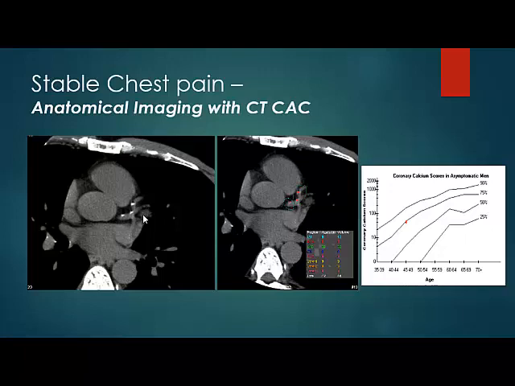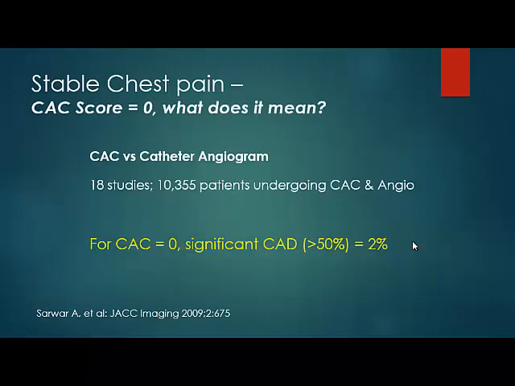The higher the number, the higher the amount of plaque. We can quantify these plaques on the software, which we'll practice on the workstation here, and it gives us a score. We can also relate it to the patient's age and sex percentile. Absence of plaque is also quite useful, because that means the chances of someone having significant disease is very low.